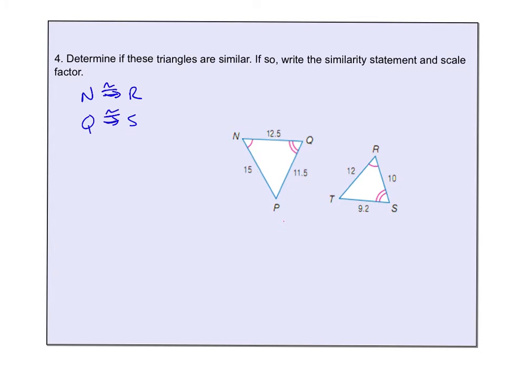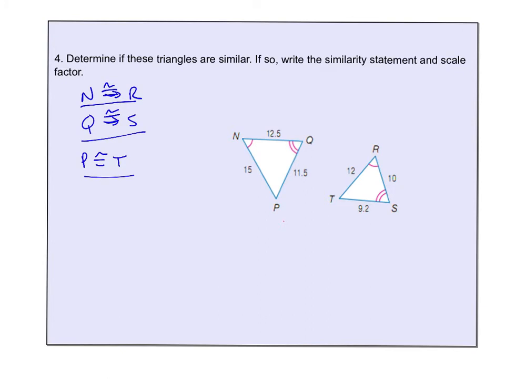I'm talking about the angles now. By default, P is going to be congruent to T, just because they're triangles and have to add up to 180. So if N is congruent to R and Q is congruent to S, then P is congruent to T. That works. Those three match up.